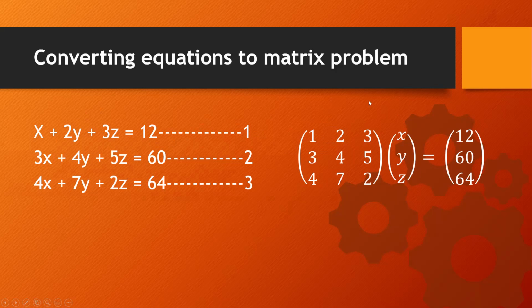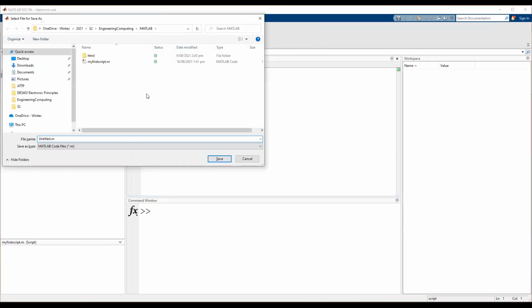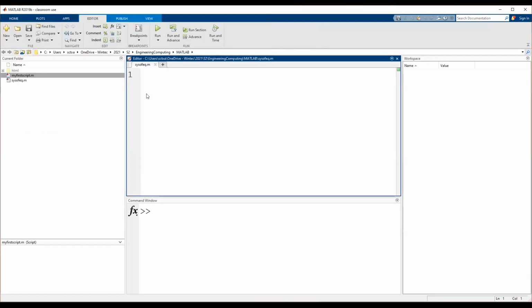Now we will see how you can solve this system of equations with MATLAB. I will do this calculation in a new script file. I will now name it system of equations. Now, first thing, we need to create a matrix to represent this system of equations.